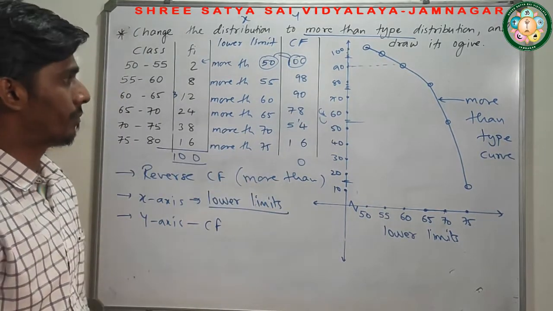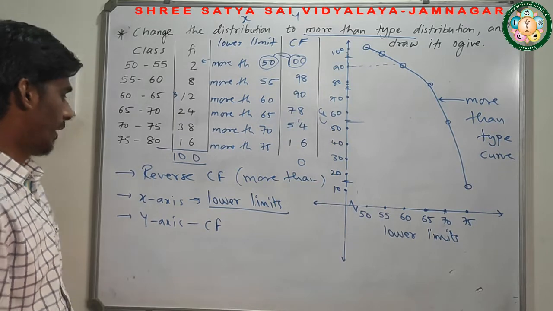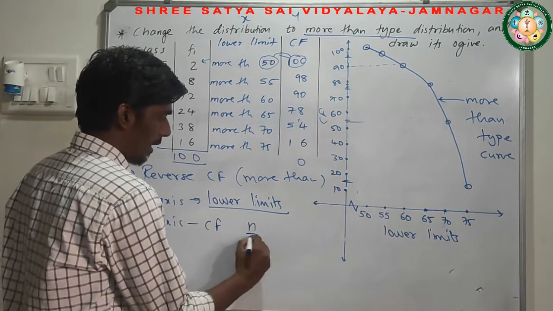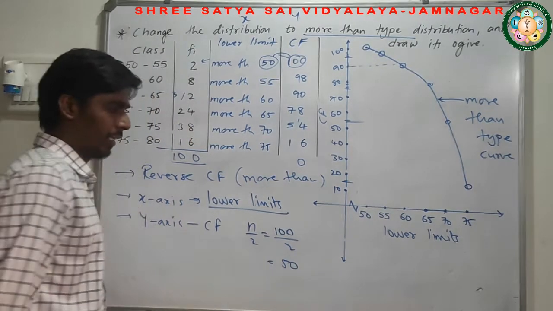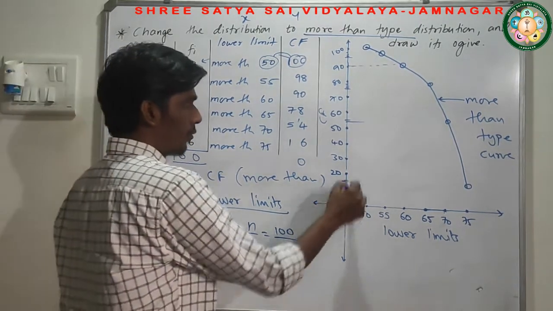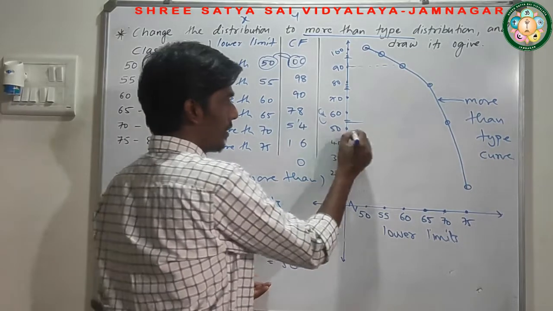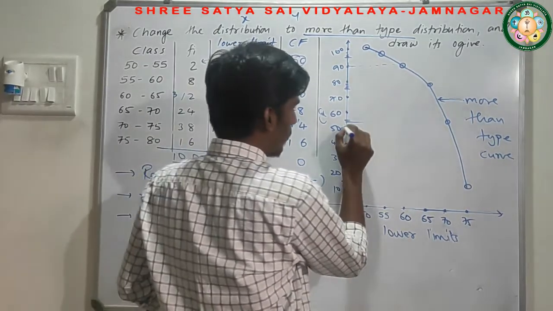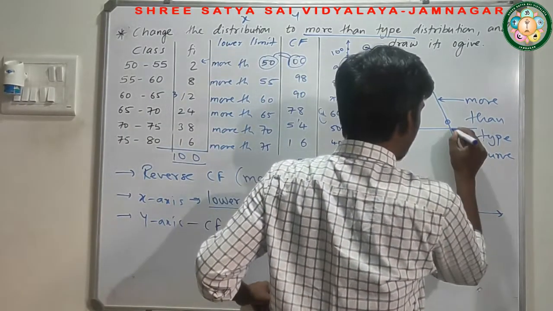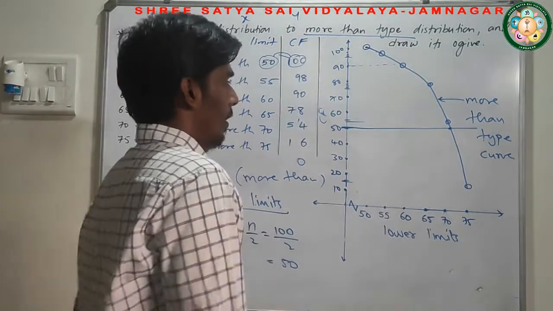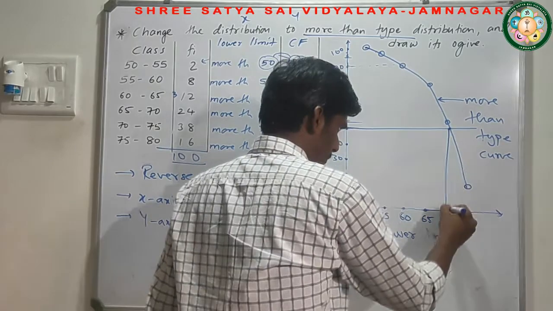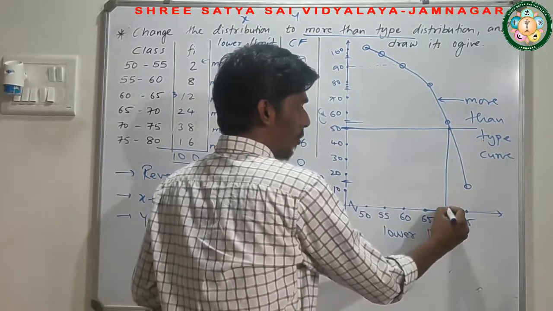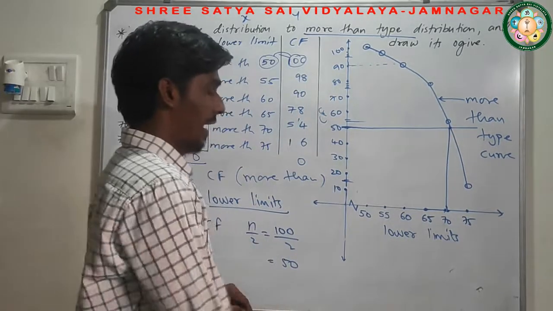Now I have to find the median. To find the median, again it's n by 2, 100 upon 2, it's 50. Now I take 50 on the y-axis, draw a straight line until it intersects the curve, and from that point draw a perpendicular line to the x-axis.